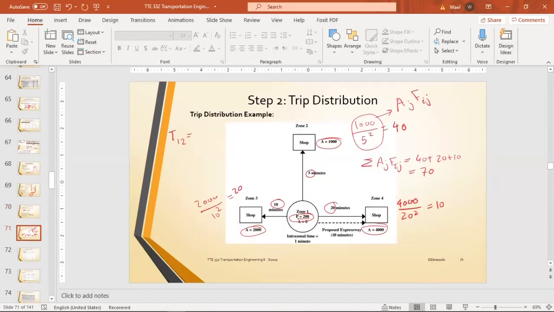So here T12, what's the production? We have production 200 multiplied by 40 over 70. T13 equals 200 multiplied by 20 over 70, and T14 equals 200 multiplied by 10 over 70.